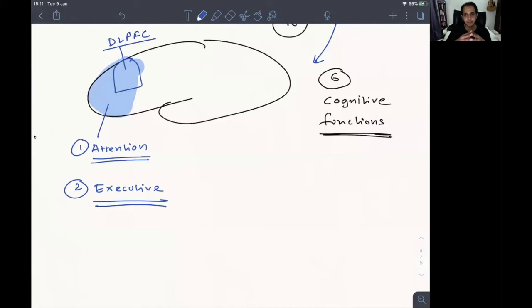Attention is obvious. If you are not able to be attentive, if you are not able to be in the moment and present in your task, you are not able to carry forward any task to the next. That will obviously lead to some form of deficit.